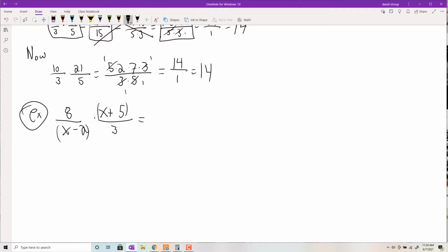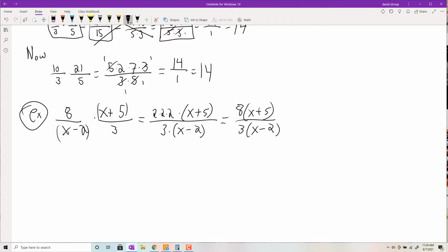If you want, you can factor the 8 as 2 times 2 times 2, but there's not going to be any common factors with the denominator. Multiplying straight across, x minus 2 times 3, or 3 times x minus 2 if you'd rather. And you see there's no common factor. So the end answer would be 8 times x plus 5 all over 3 times x minus 2. It's probably fine to leave it like that.